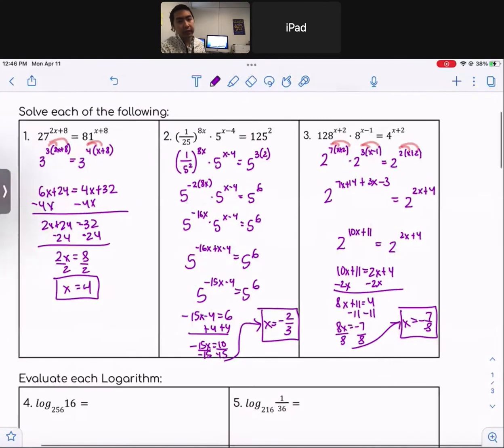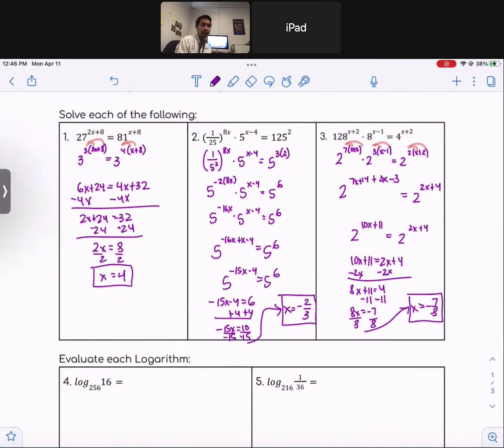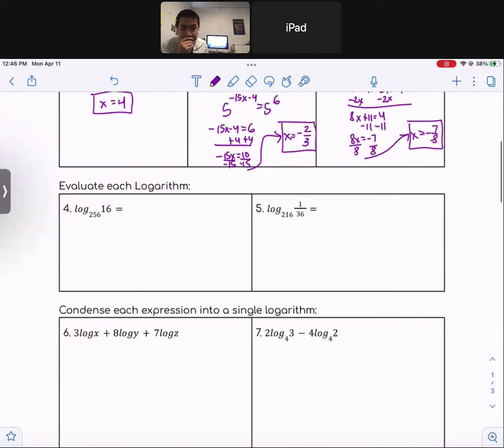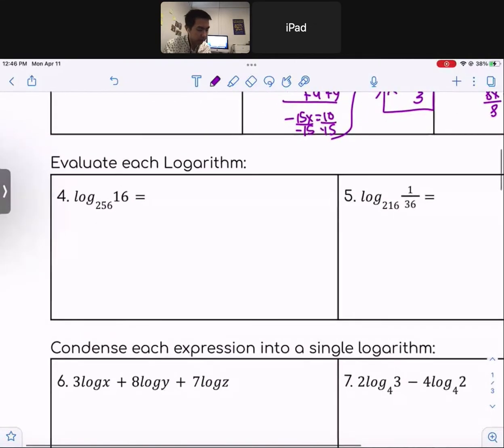So just make sure you are precise, because as you can see, one little thing can derail the whole problem. Alright, 4 and 5. So for both of these, to evaluate the log, we gotta set it equal to x. And now we gotta convert this from log form to exponential form.